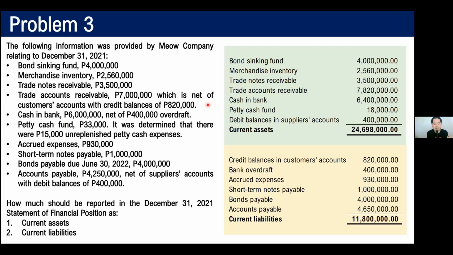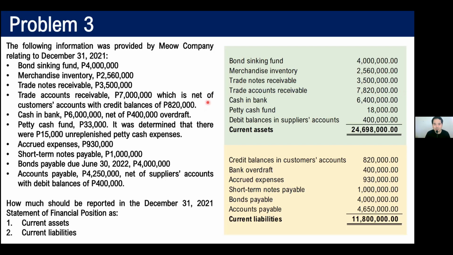Uulitin ko lang, ano po ba tong customers accounts with credit balances? Ibig sabihin, sumobra ka ng collection sa customers mo, kaya yung accounts receivable mo nagkaroon ng credit balance. So parang ang dating ngayon, ikaw pa may utang sa kanila. So ganito po yon. Huwag nyo pong i-offset. Ang gagawin nyo po, you add 7 million to 820,000 and you report your trade accounts receivable at 7,820,000.